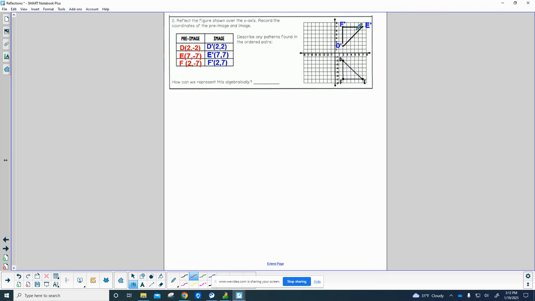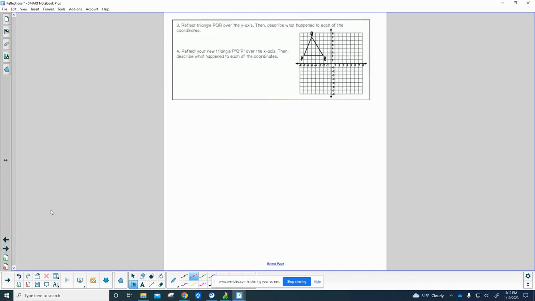When you reflect it across the x-axis, the y values are what changes because you're lifting it or lowering it to a different position. So when you put down an algebraic representation of that, you have (x, y) becomes (x, -y).